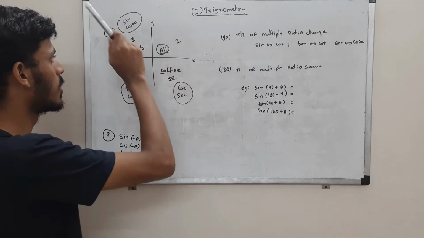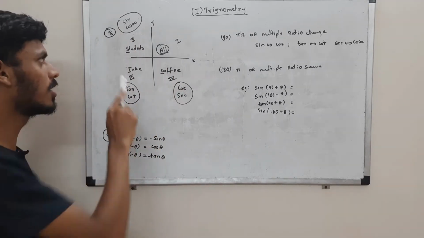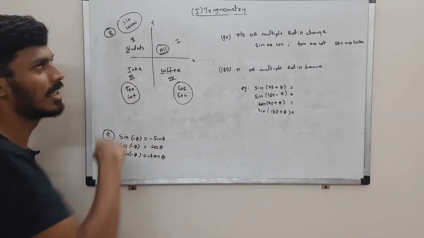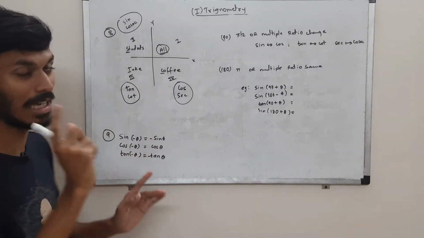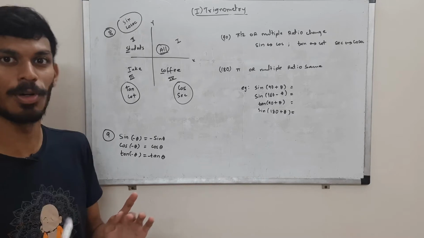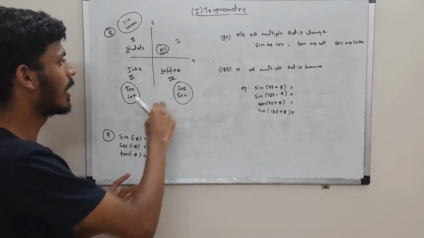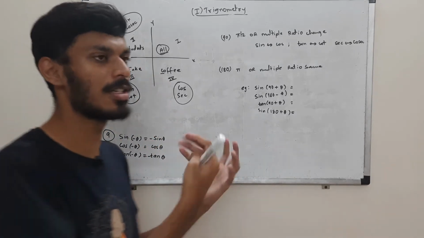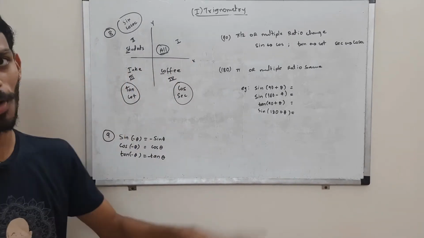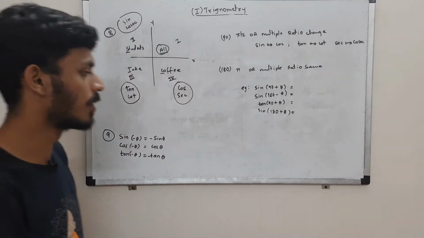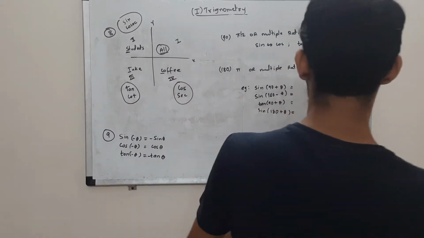First quadrant, all are positive. Second quadrant, students, so sine and its reciprocal cosec are positive, rest all negative. Take, tan and its reciprocal cot are positive, rest all negative. Coffee, cos is positive, its reciprocal sec is also positive, rest all negative. Now this is what we are going to use to solve this type of questions.